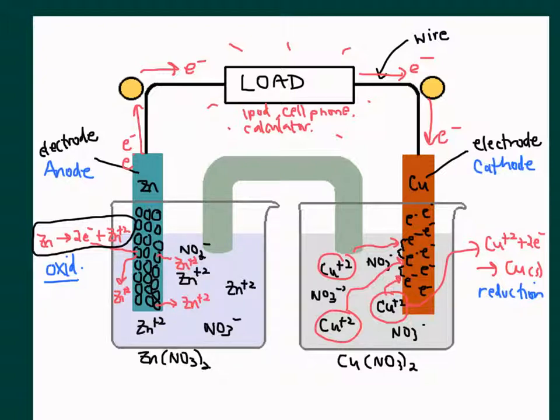Okay, so what's this thing right here? This thing serves an actual, real, very important function. This thing is called the salt bridge. And without it, none of this takes place. And here's why. So in the salt bridge, you've got some sort of a salt. It could be sodium chloride, or it could be potassium chloride.